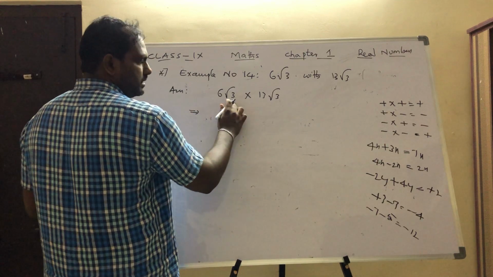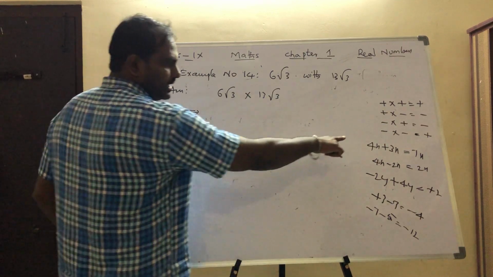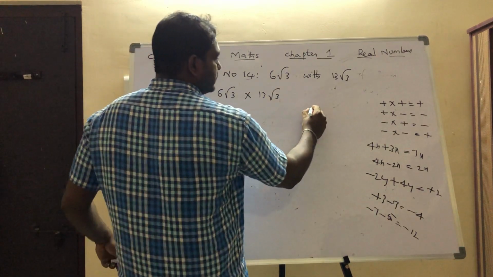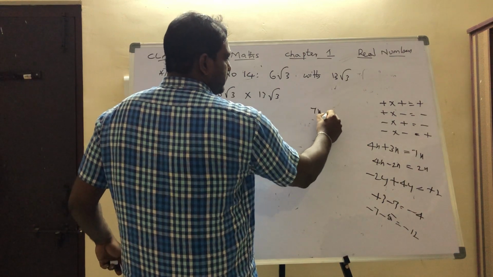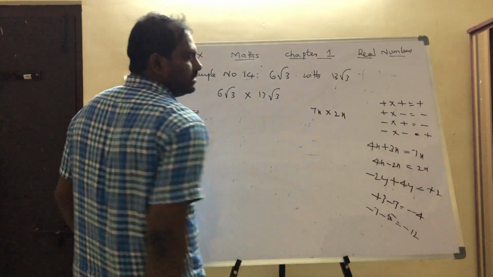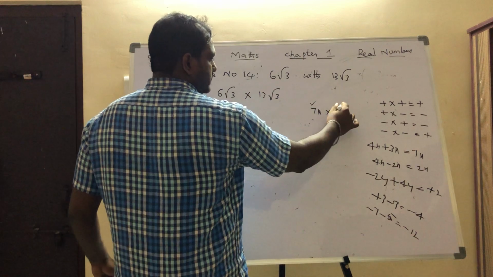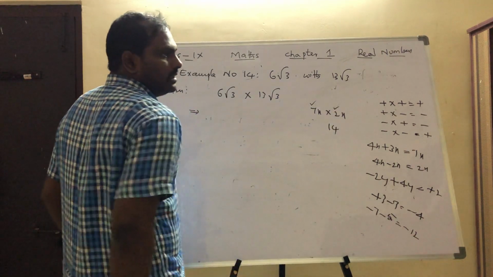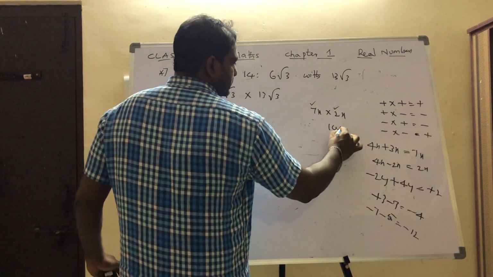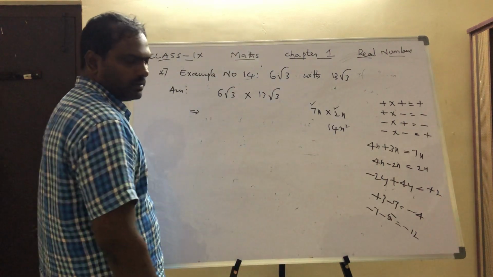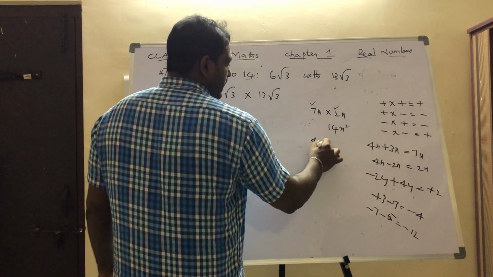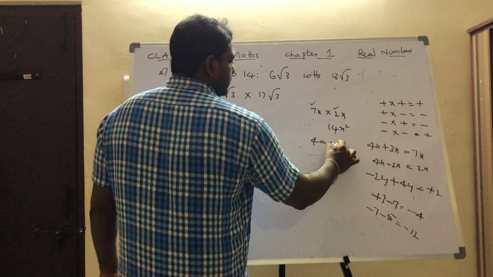The same method we have to follow. For example, if you write 7x into 2x, what will you do? First you will multiply the coefficients. 7 twos are 14. Next, x into x, we will write x square. Yes or no?